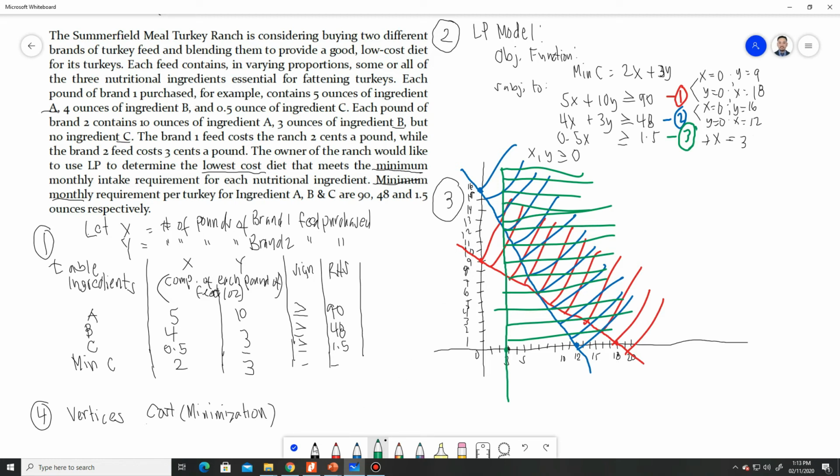Now we will get the corner points. So this is a corner point. Then we have another one. This is a corner point. And this one is a corner point.